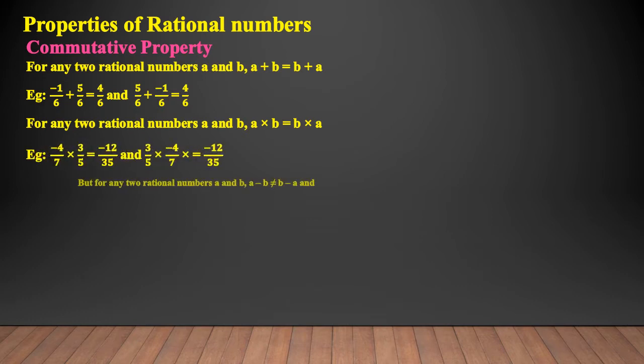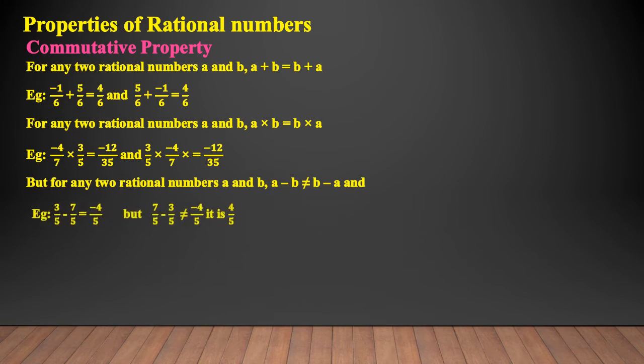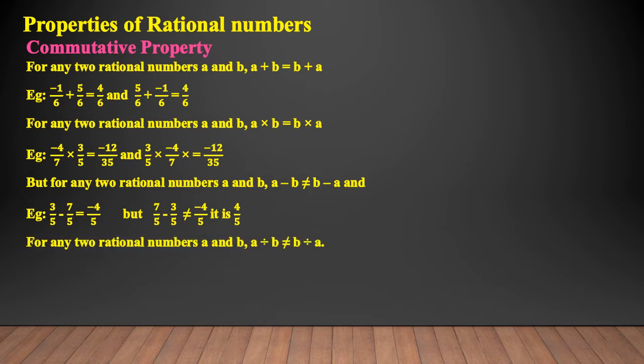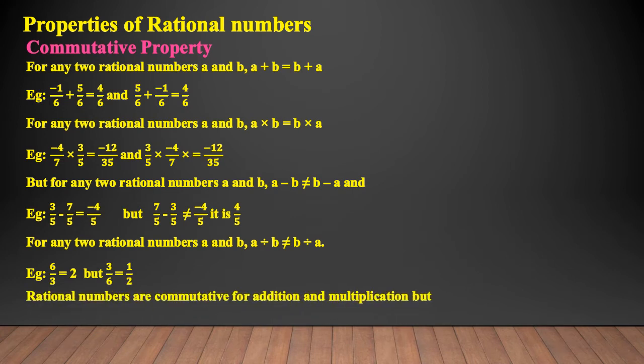So addition and multiplication are commutative, but subtraction and division are not; you cannot change the order. Subtraction and division of rational numbers are not commutative, whereas addition and multiplication are commutative.